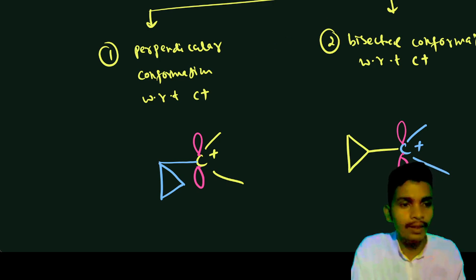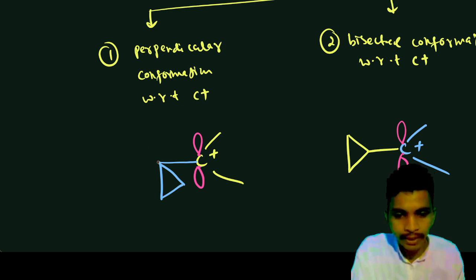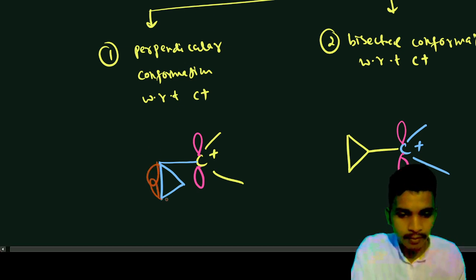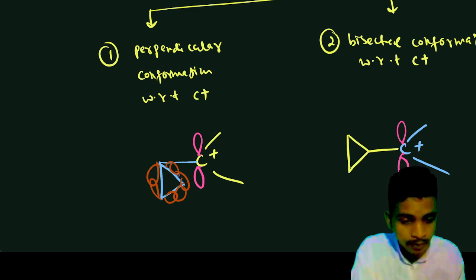So what we see is that whenever it is in the perpendicular conformation, these bent orbitals will not be able to donate these expanded electrons to the p orbital.